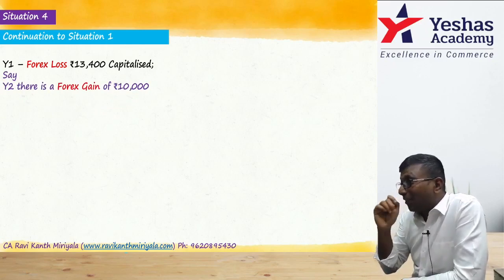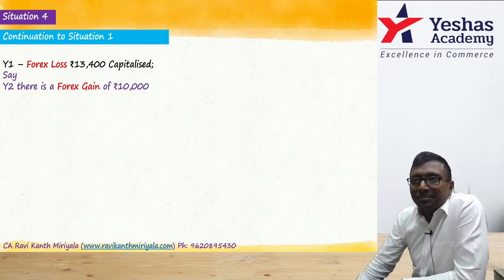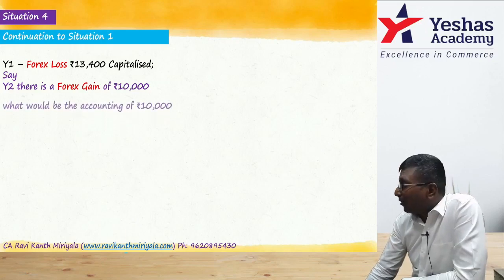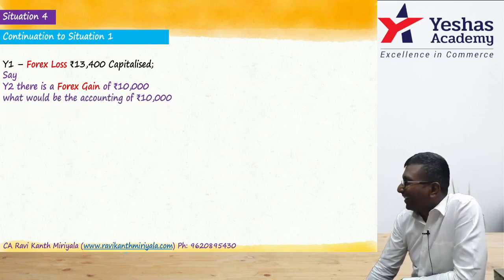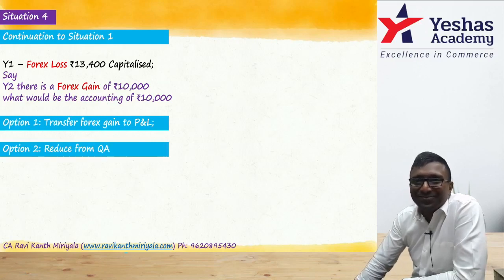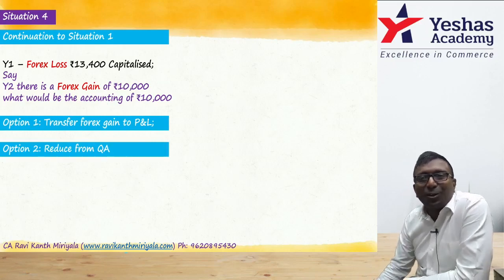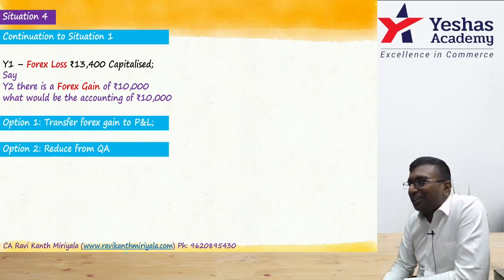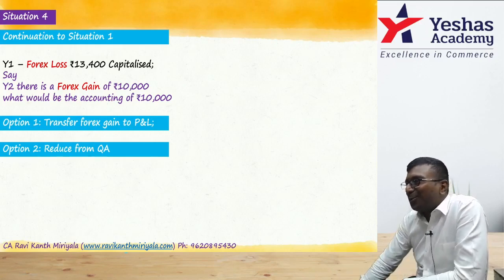There is a foreign exchange gain of 10,000 आ गया. No, I'll give options. Don't worry. Option number 1, option number 2. Bolo. Shall I reduce it from the QA? The discussion is on 10,000. Shall I reduce it from the 10,000 or shall I transfer the 10,000 to P&L?